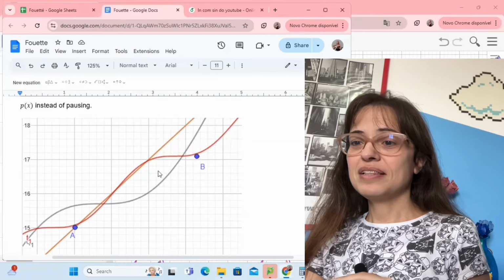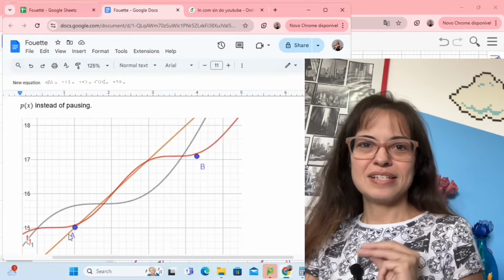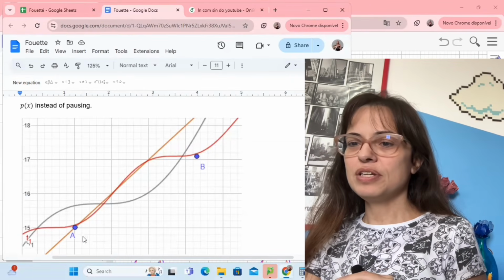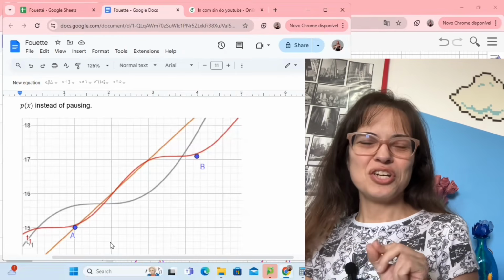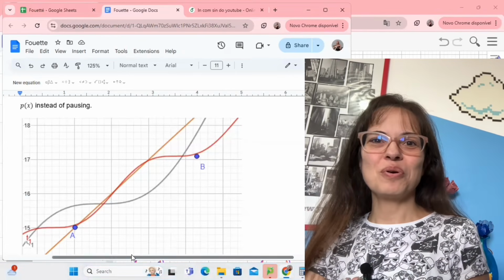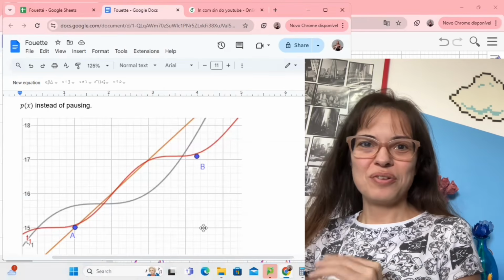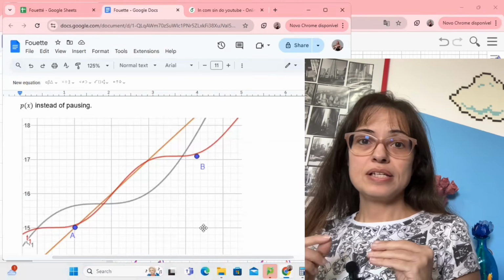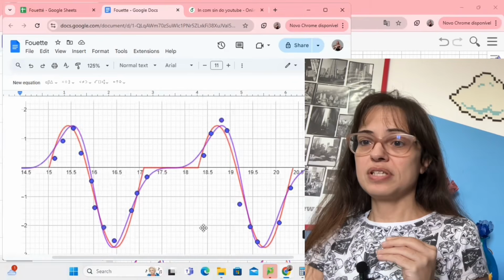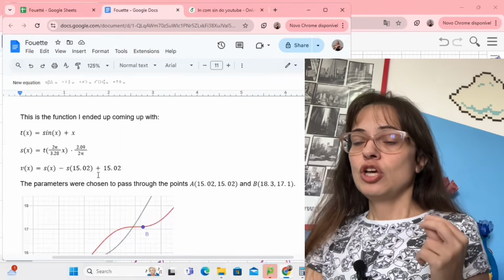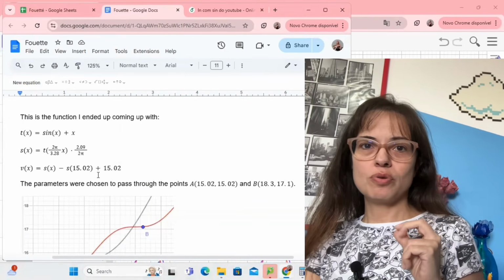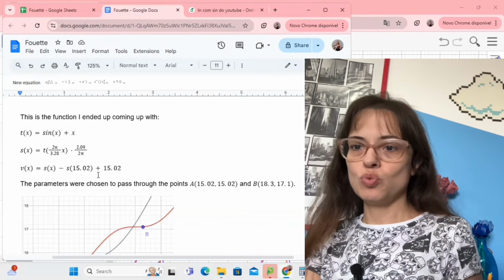Notice that when I did that, the red function is not exactly going through the points A and B anymore. It is a very slight shift because 0.33 is such a small number. And there were ways that you could try to fix that in a different way. Basically, when I had a bunch of steps in building that function, you could have done the horizontal translation sooner.